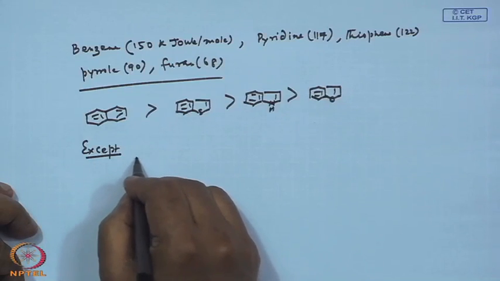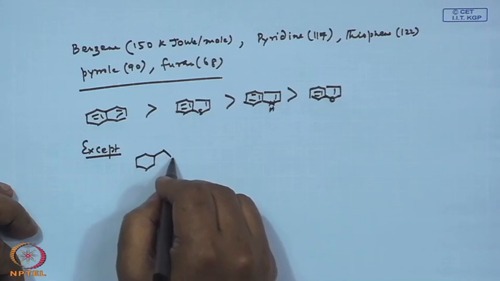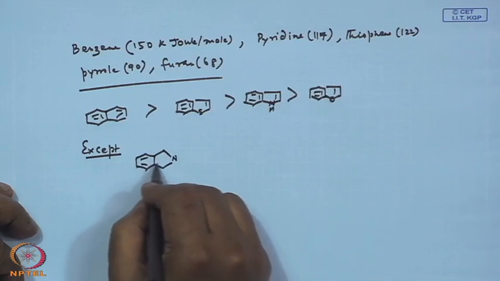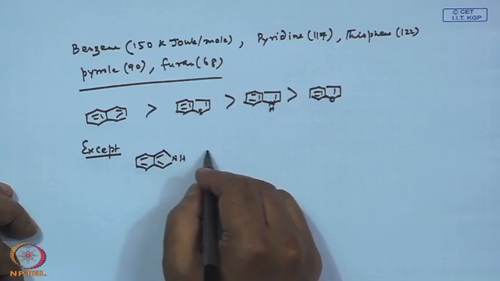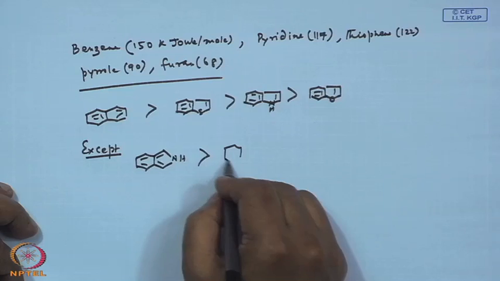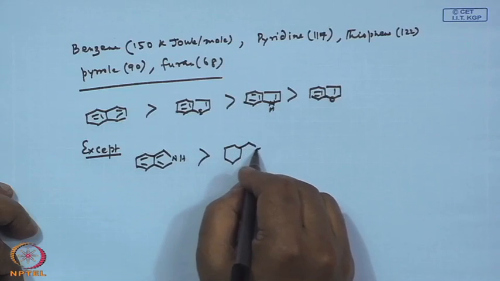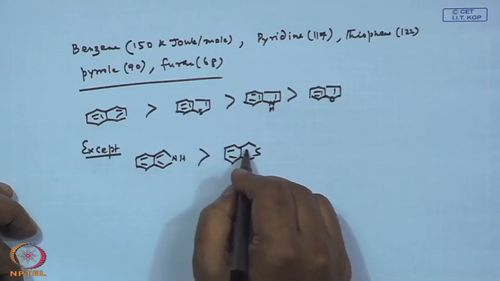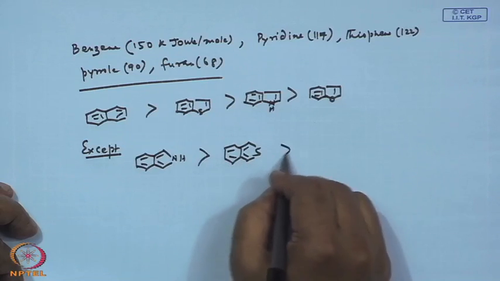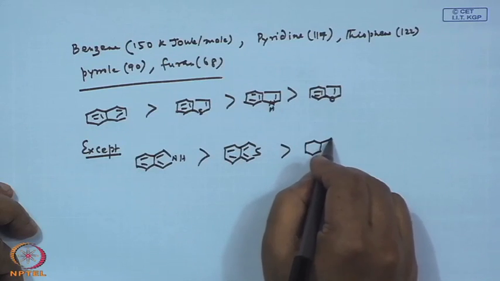For example, take the isomers of the previous examples. At least what has been found: this is isoindole, this is isobenzothiophene and this is isobenzofuran.